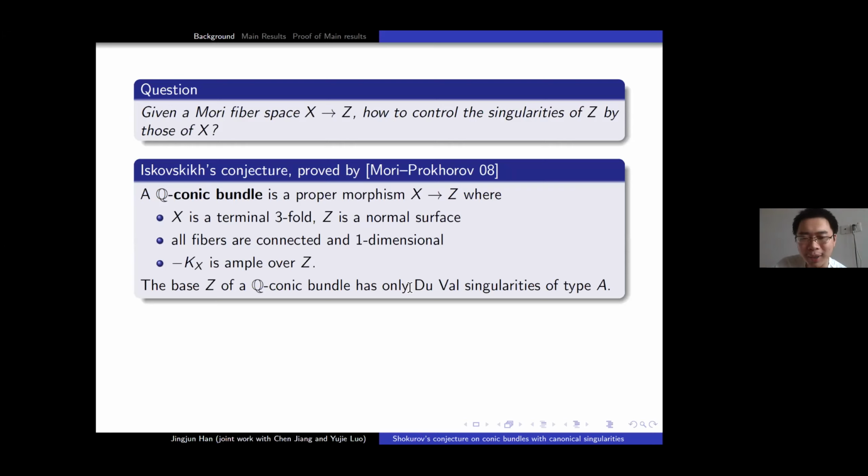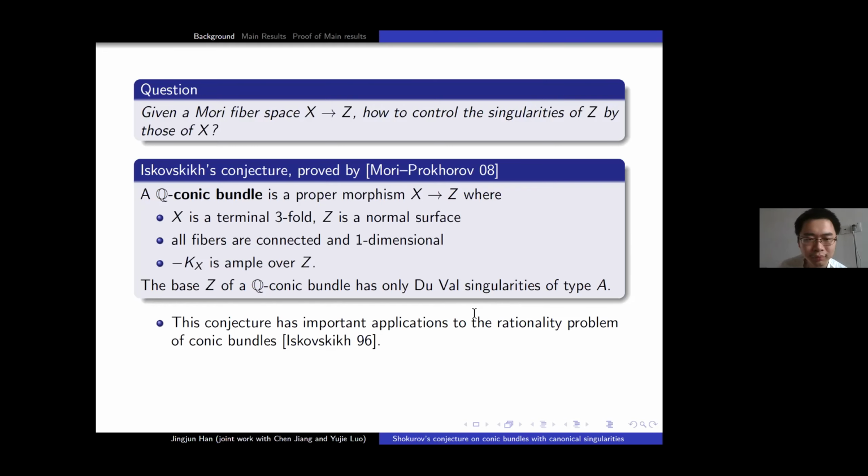Moreover, he expected that the singularity is only of type A, which means it could not be of type D in the classification of Du Val singularities for surfaces. This is the content of the Iskovskikh conjecture. It has some applications to the rationality problem of Q-conic bundles, and this might be the motivation for Iskovskikh to ask such a conjecture.